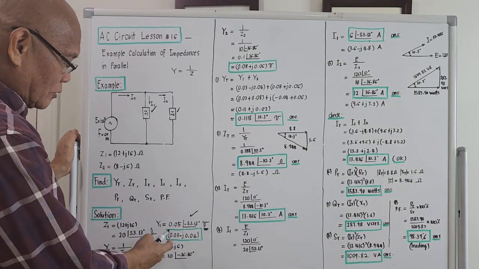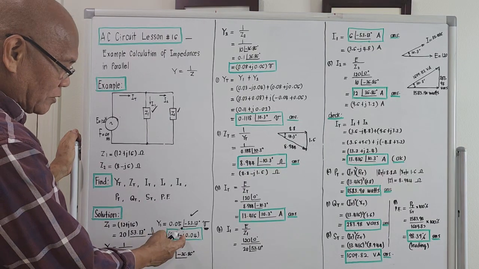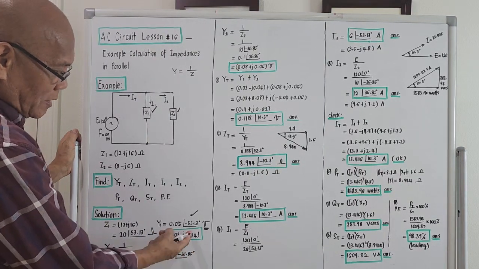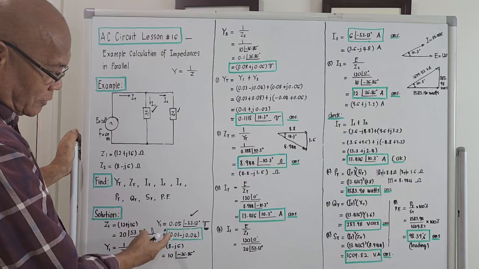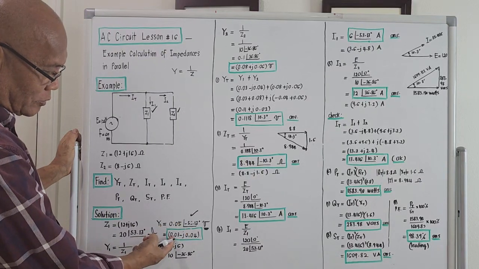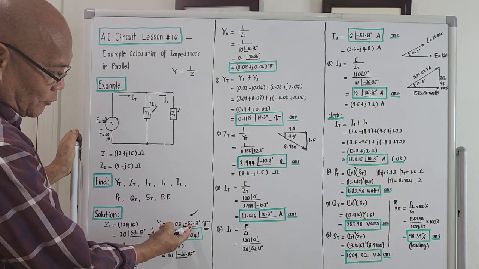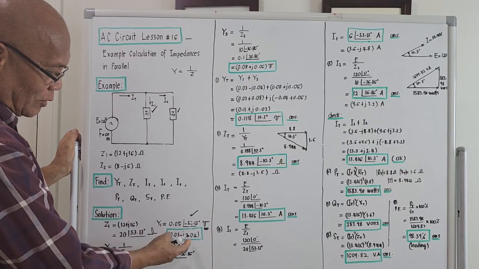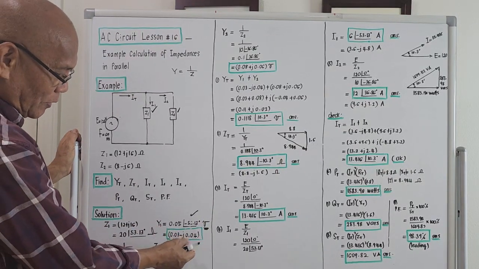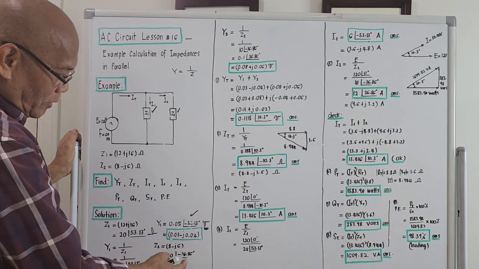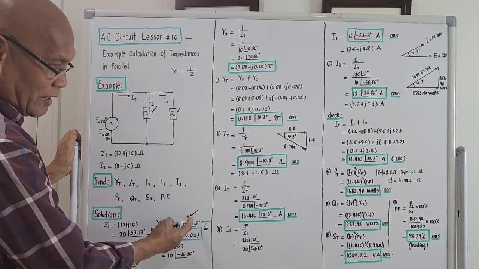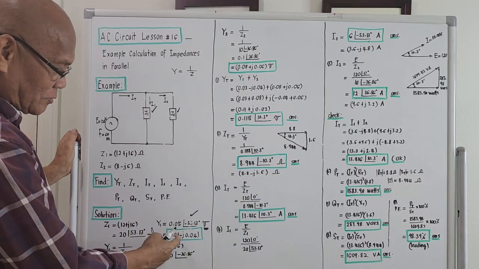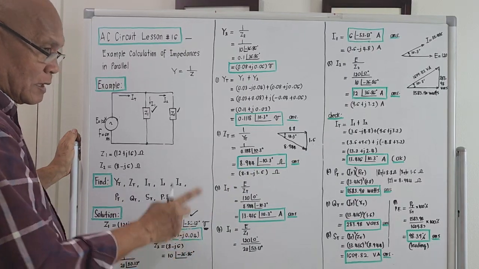So this is 0.03 minus j0.04. Take the cosine of 53.13 times 0.05, it will be 0.03. The sine of 53.13 multiplied by the magnitude 0.05 will be 0.04. It should be negative because the sine of a negative angle is negative, right? So this is minus j0.04.